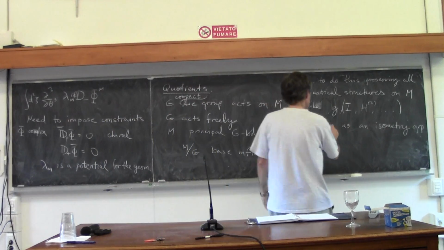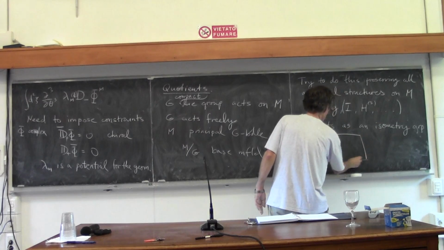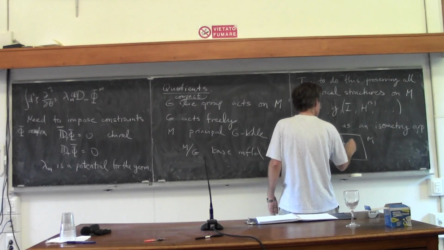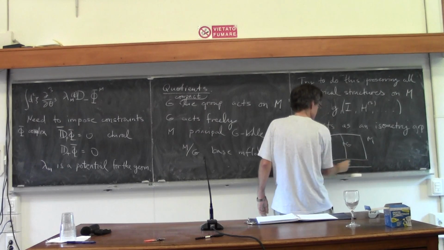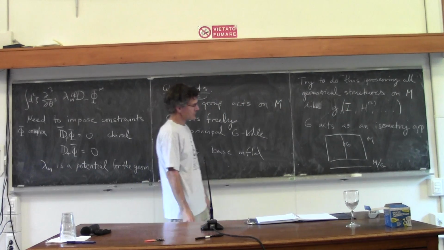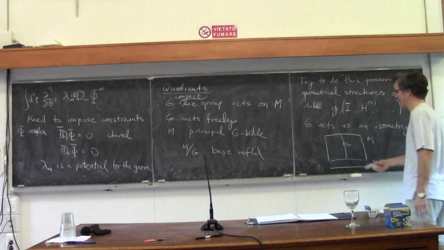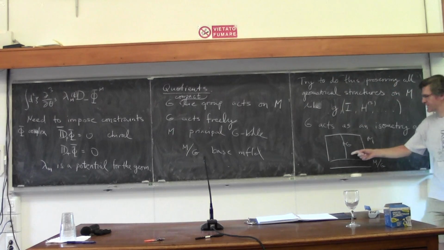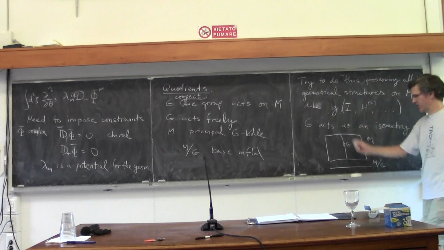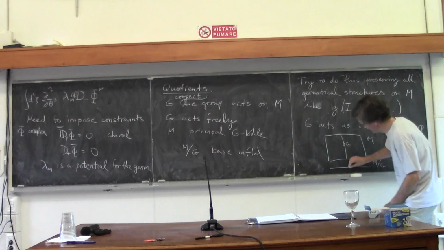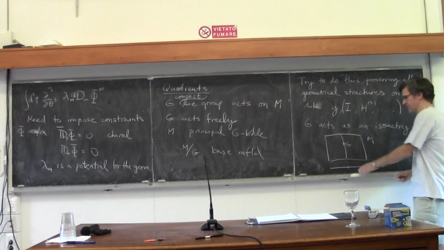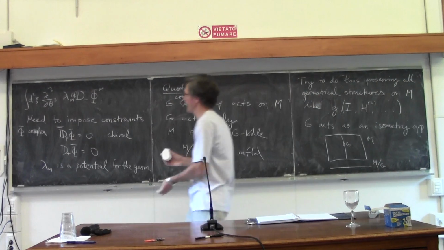It means that you have your M, your G fiber, and there's the M over G base manifold. If G acts as an isometry, essentially what it says is that the metric doesn't change along the fiber, which makes it plausible that you can define uniquely a metric downstairs, independent of the point in the fiber, so to speak.